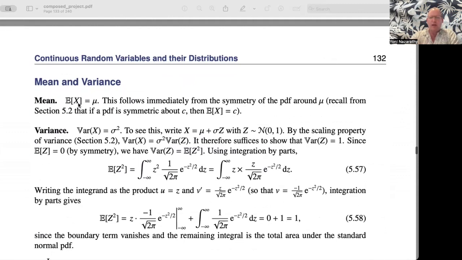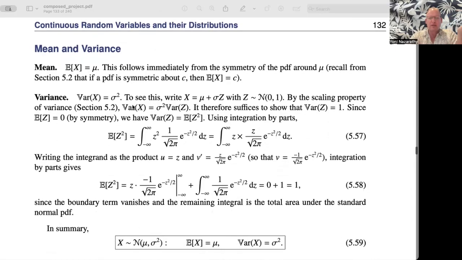Now, the mean of the normal happens to be the parameter mu, so it's a centrality parameter, and it's symmetric about the mean. And the variance happens to be sigma squared. And these are actually computations you can carry out. So you can compute the second moment. This is z squared times the density, and we're integrating that.